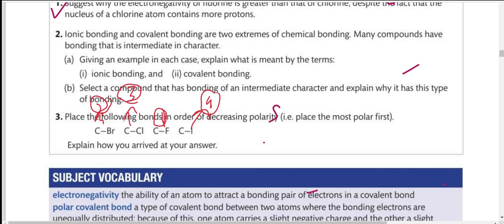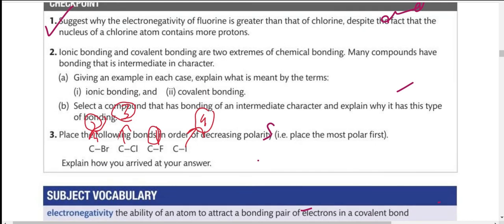The electronegativity value of cesium is 0.7, and the value of fluorine is 4. We will prove it on the difference of electronegativity values.